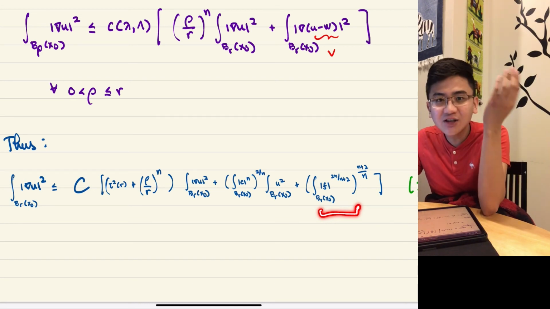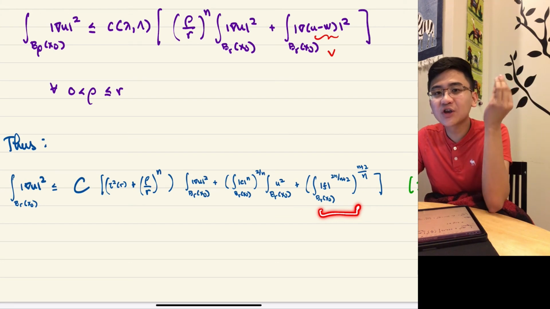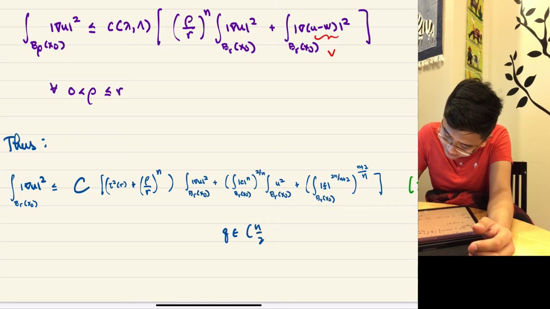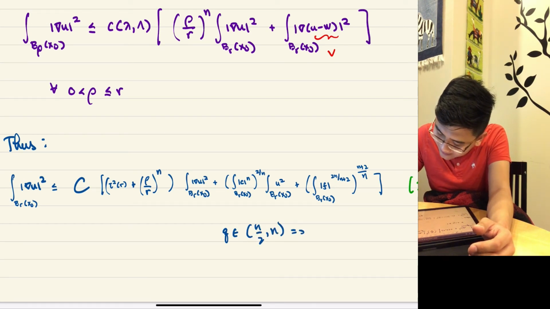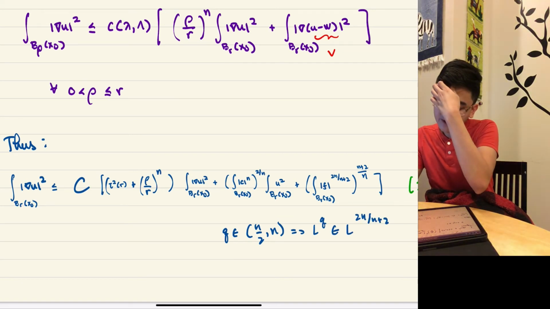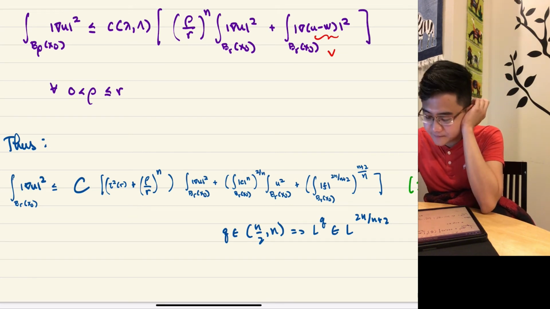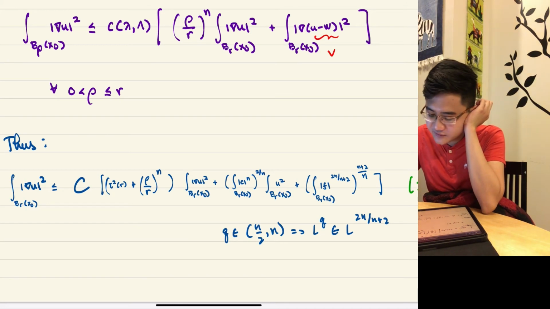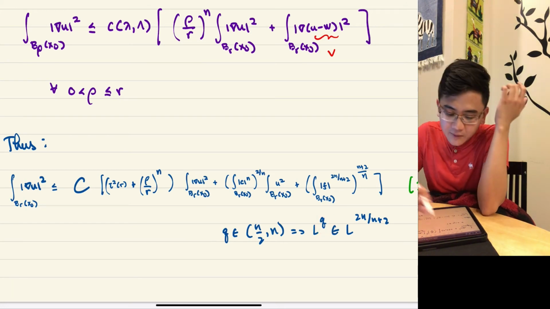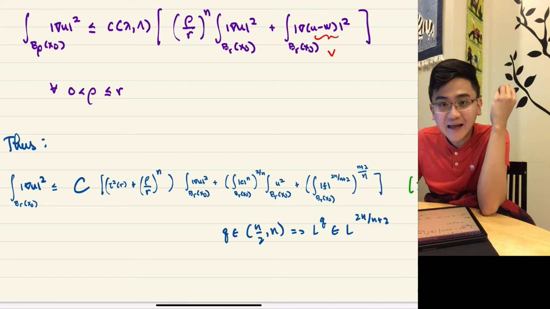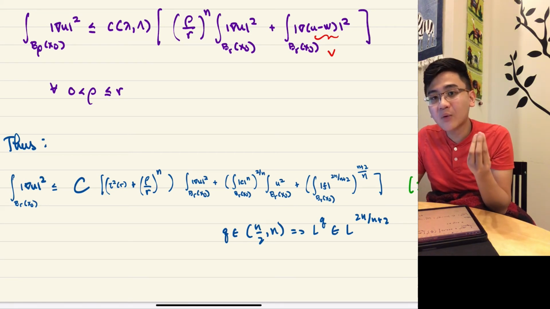We just casually mentioned that LQ for Q in n over 2 to n would imply that F is in L of 2n over n plus 2. Okay, of course, if the measure of the set is finite and everything, but we really haven't used Q yet. So what we're going to do here is use that now in order to make that power of R appear.